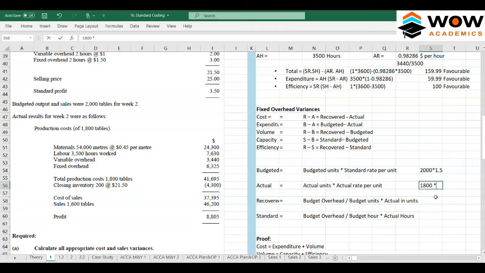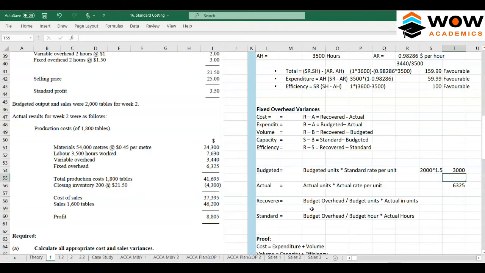So we don't even need to compute this. We got the answer directly, 6325. The next one is recovered. Recovered tells you the budgeted overhead. Unless you get the answer for this, we cannot find out the recovered. So that is 3000.